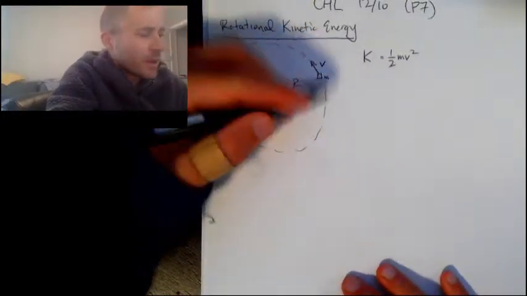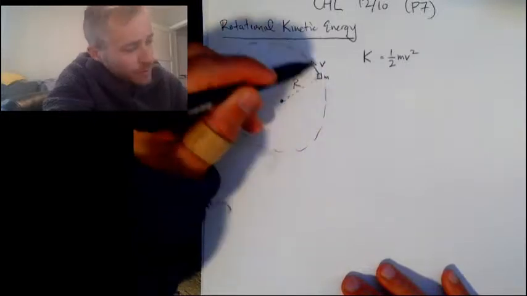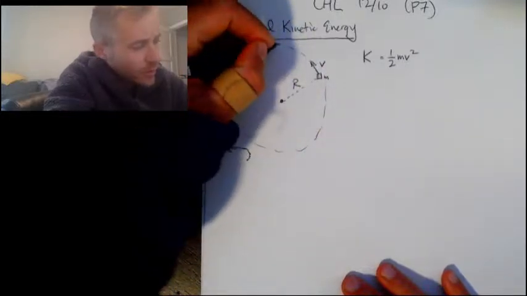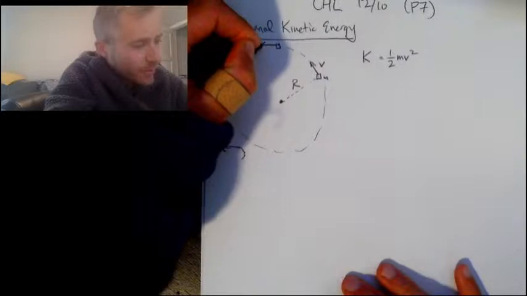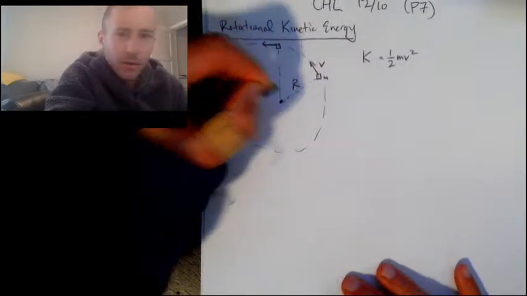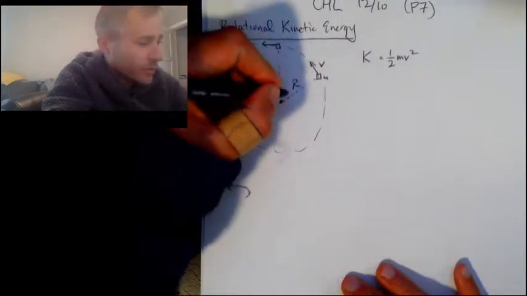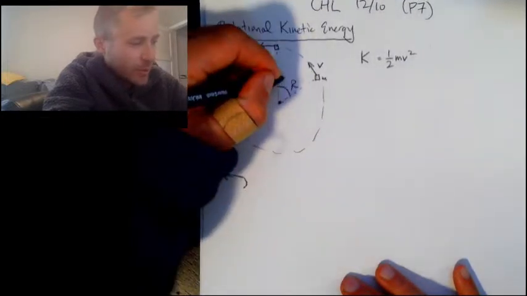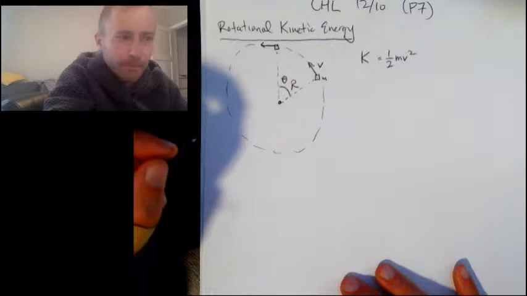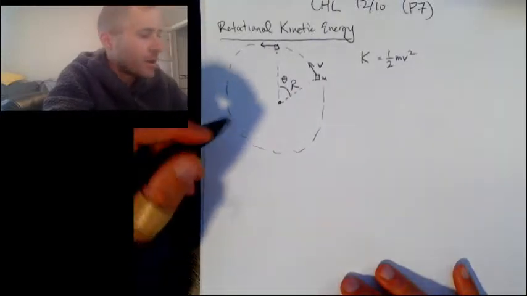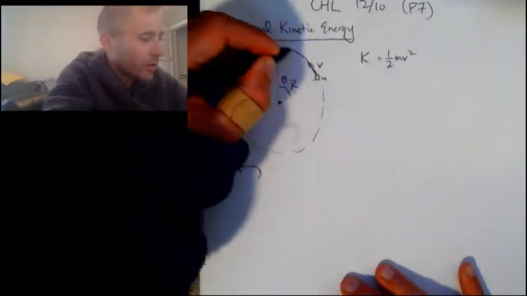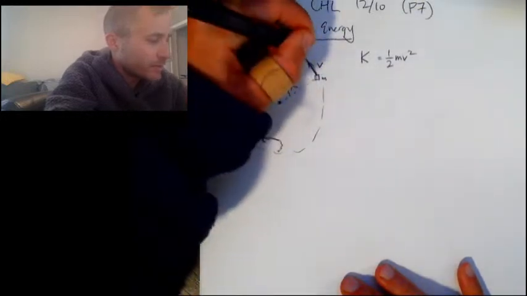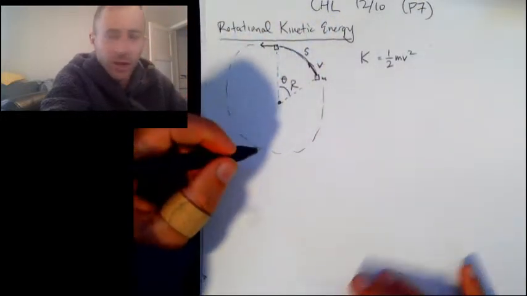Okay, so as this thing travels, eventually it's going to end up right here, for example. And it's going to have moved by an angle theta around the circle. And then there's a certain arc length, which I'll call s, which is the distance traveled.